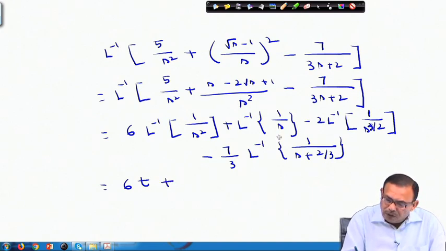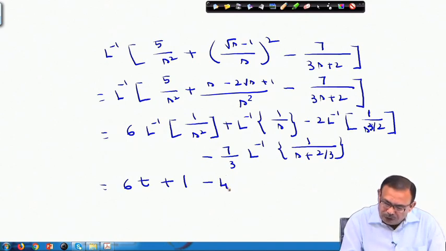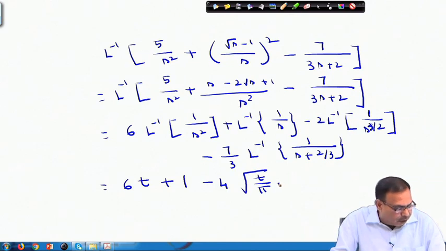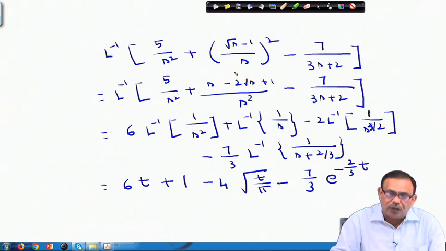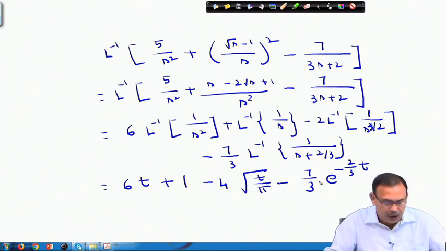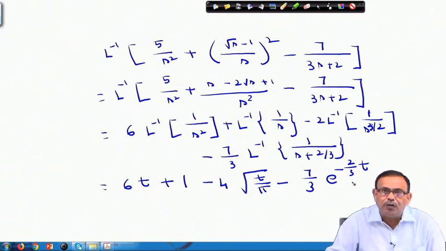For 1 by s it is 1, minus 4 into root over t by pi, minus 7 by 3 into e power minus 2 by 3 t. So, for this particular inverse Laplace transform, the corresponding function is 6t plus 1 minus 4 into root over t by pi minus 7 by 3 into e power minus 2 by 3 t.